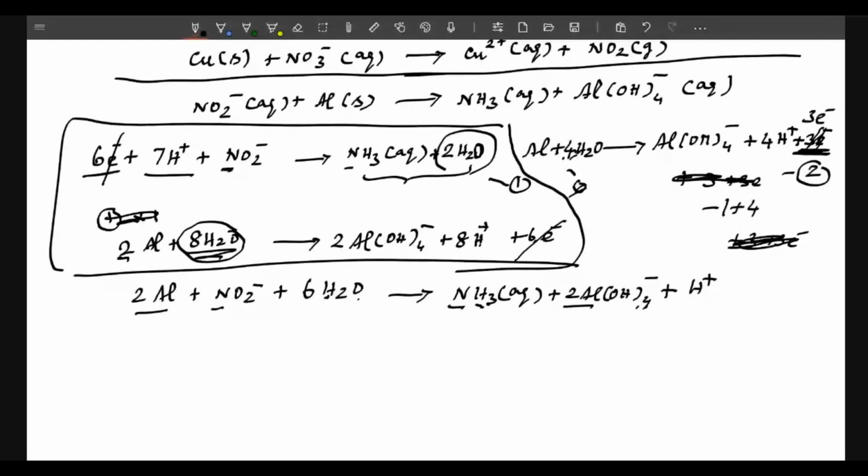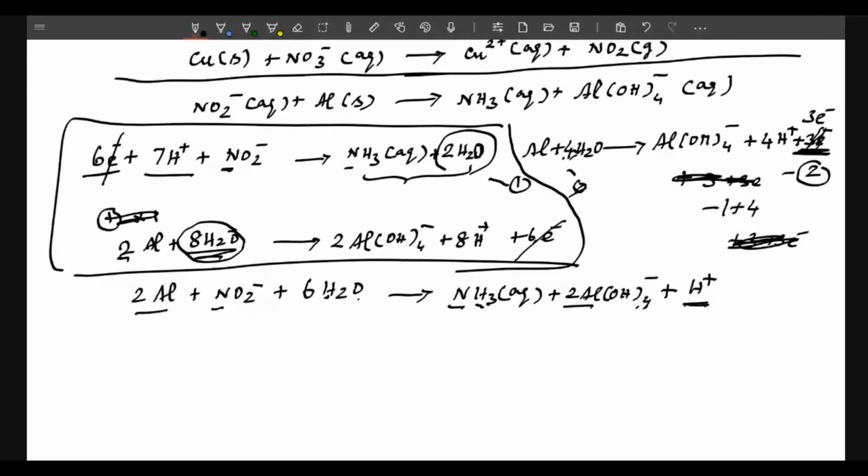H plus ion should not be present. Only OH minus ion should be present either in the reactant side or in the product side. Therefore, the next step is to neutralize the H plus ion, if present, with the appropriate number of OH minus.